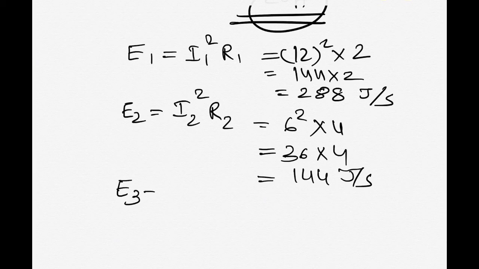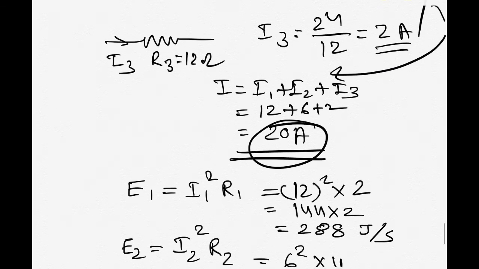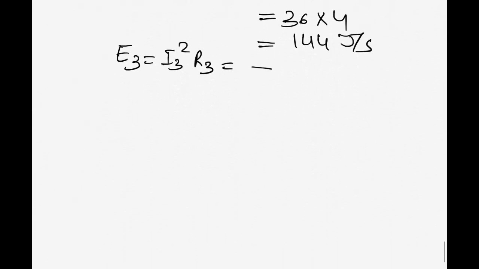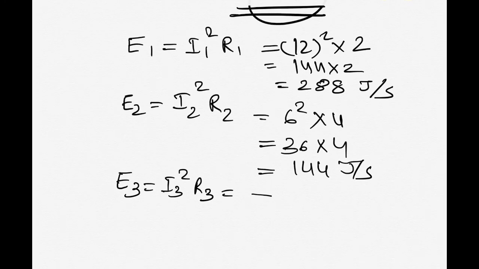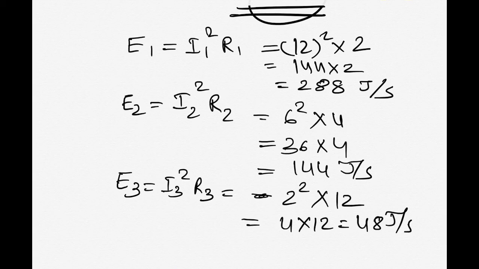And similarly, E3 will be I3 squared times R3. I3 is 2 amperes, right? So 2 squared into R3, which is 12 ohms, so it becomes 4 into 12, equal to 48 joules per second.